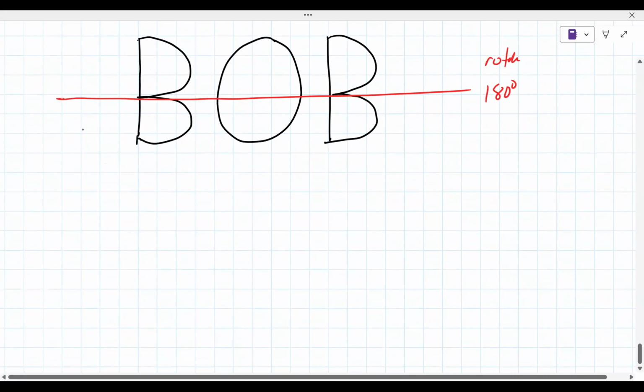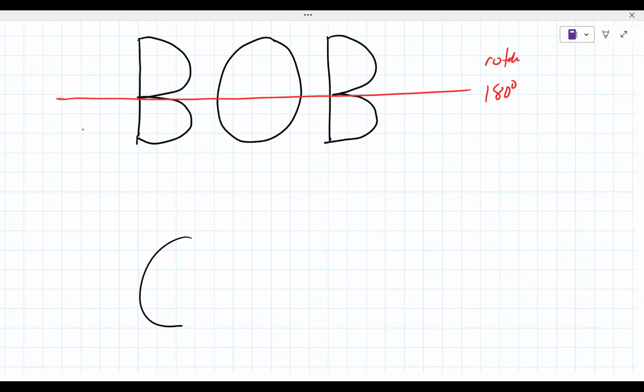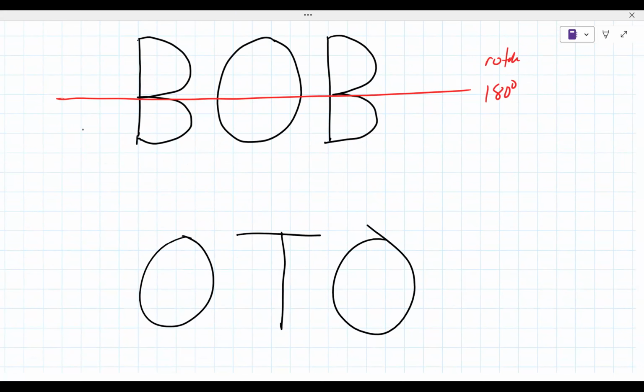Let's say it's, I've got to be careful here. Let's say it's O. O's are good. T and O. Does this one have this?